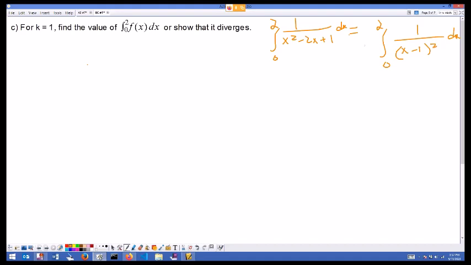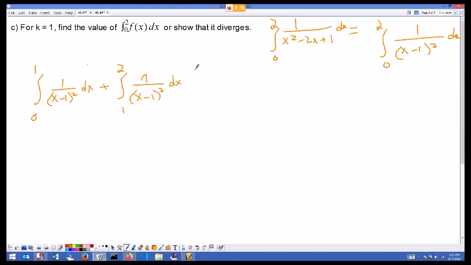from 0 to 2, which means that we've got to split this up into an integral from 0 to 1 of 1 over (x minus 1) squared dx, plus an integral from 1 to 2 of 1 over (x minus 1) squared dx.